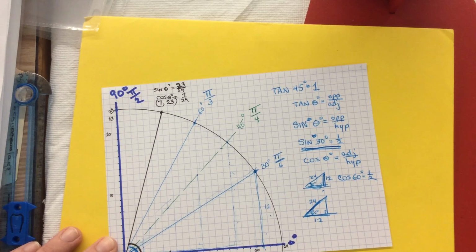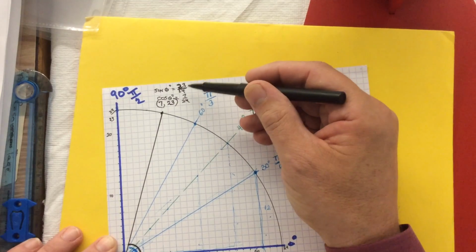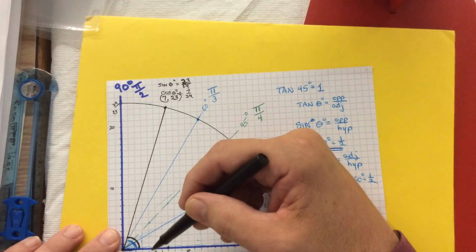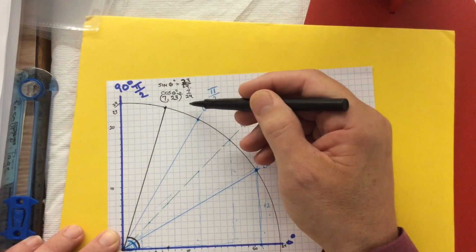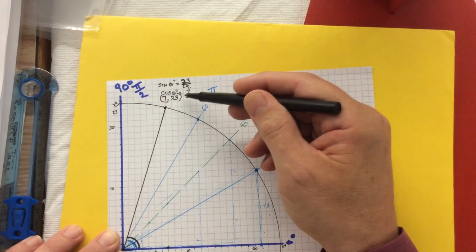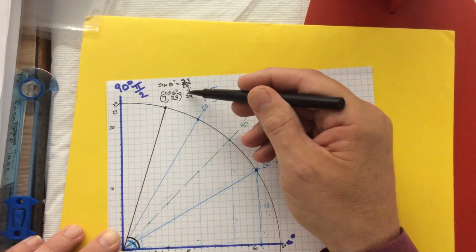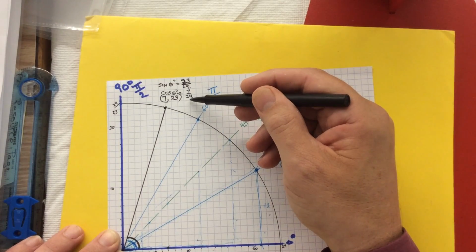Who has a calculator that does trig functions? Pull it out. You're going to help us out here. This is the y-coordinate divided by the hypotenuse, or the radius, and this is the x-coordinate divided by the radius.